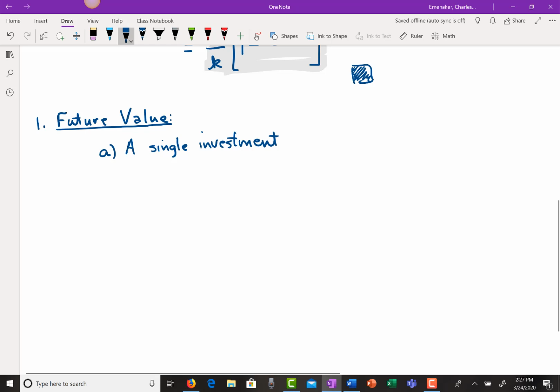To do single investments, the value or the principal at any point in time is going to be the amount that you hand them originally, e to the kt. Now, this is assuming continuous compounding. Okay, this is not for quarterly or annual or anything like this.